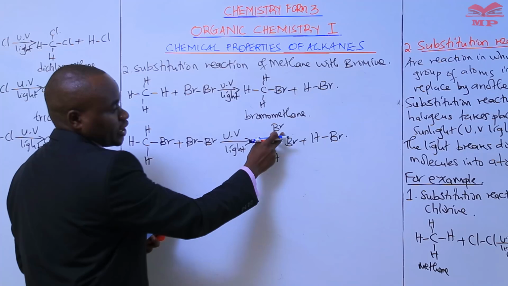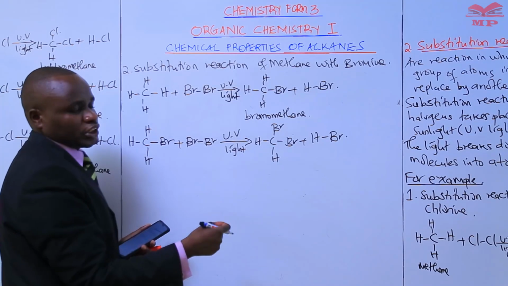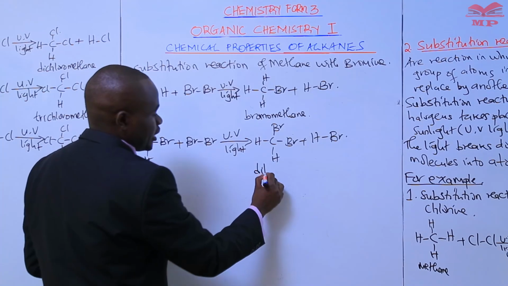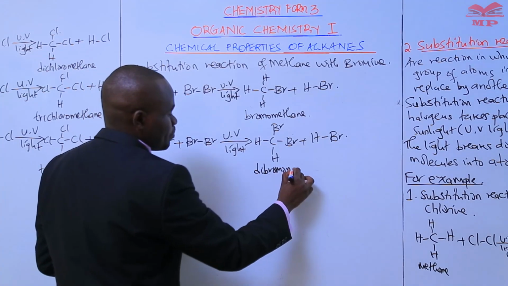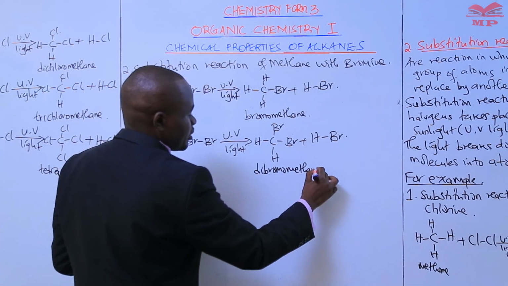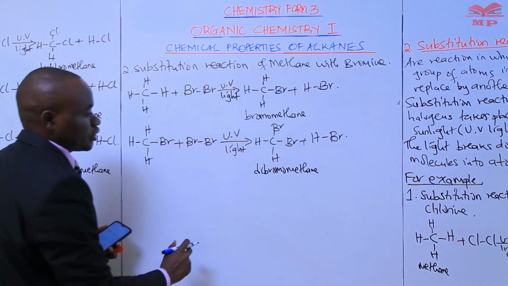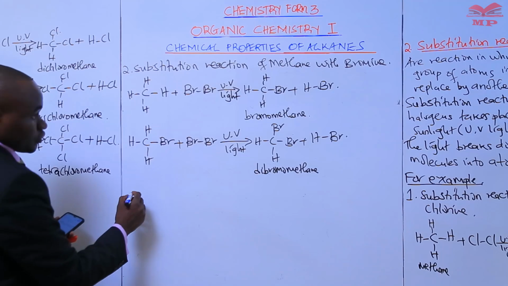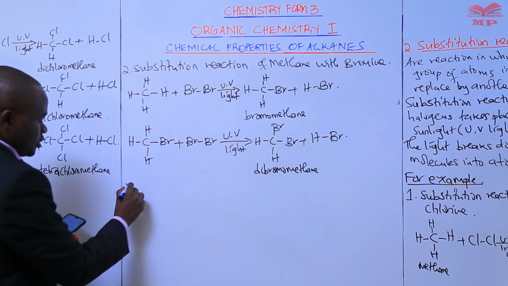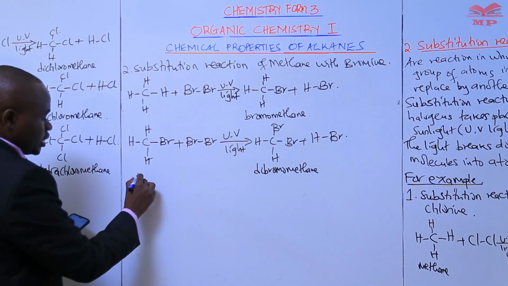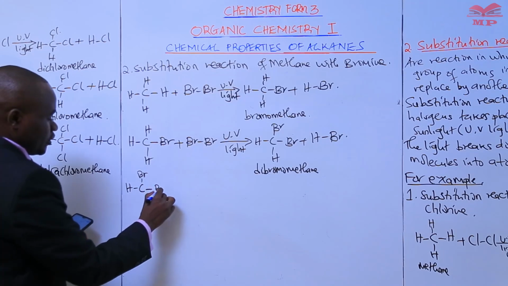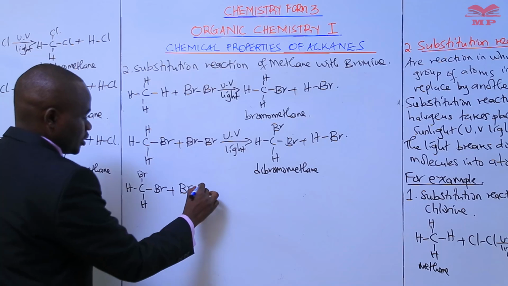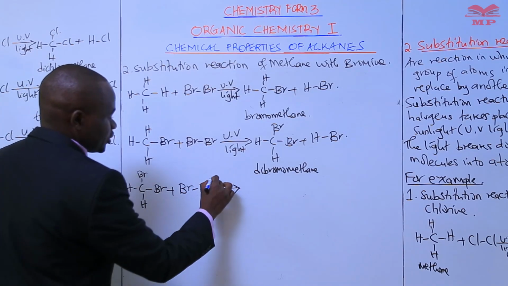If there are 2 and they are identical, we introduce the prefix di. So this will be called dibromomethane. So that is the name of that compound. So dibromomethane undergoes further substitution in the presence of UV light.